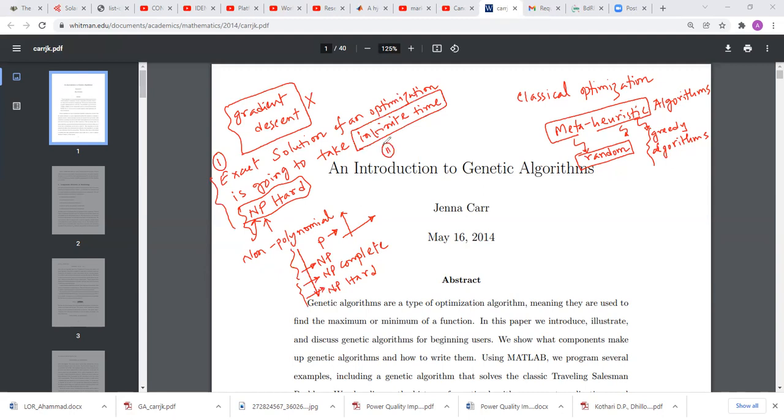Next, if the optimization scenario is such that you are satisfied with some near optimal solution, you don't need the exact solution, rather some near optimal solution is good enough for you, so in these cases we may adopt the meta heuristics or heuristic algorithms.